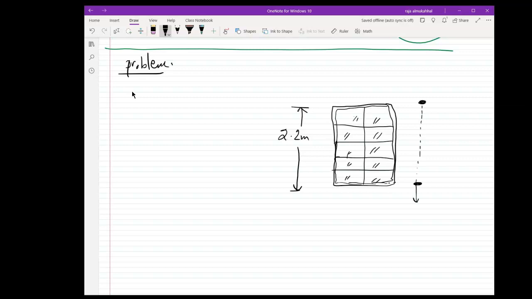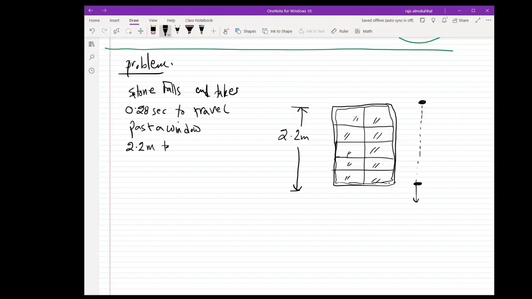So let me write down the statement. It says: stone falls and takes 0.28 seconds to travel past a window 2.2 meters tall.